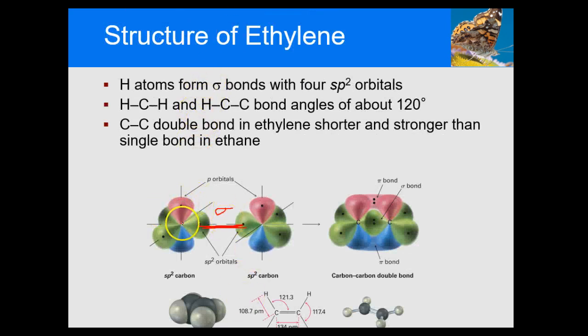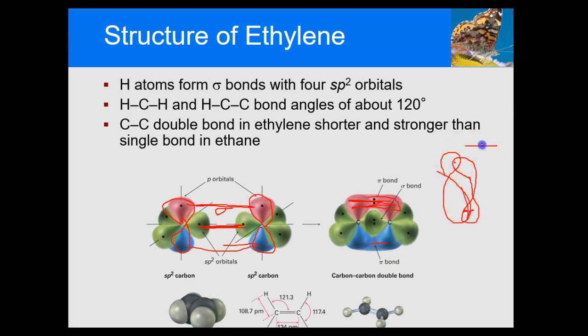However, remember, here is my p orbital right here, and here's another p orbital right here. These p orbitals overlap side-on. It kind of shows you right here. You see how you have this overlap right there? So it's basically a p orbital and another p orbital overlapping each other.